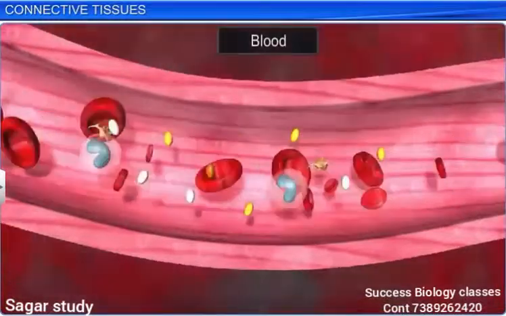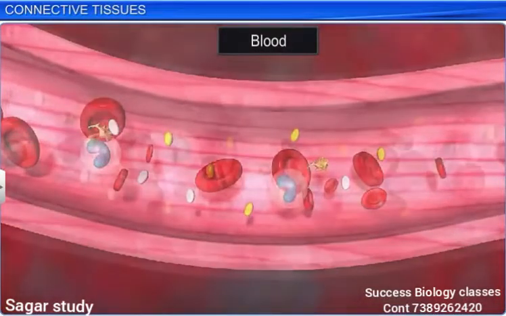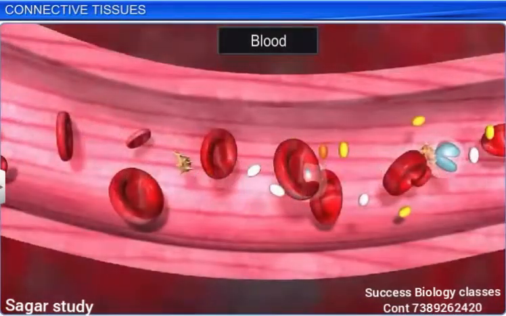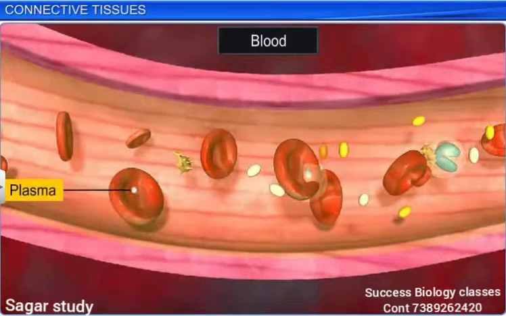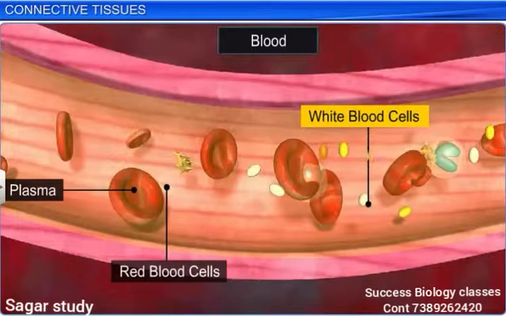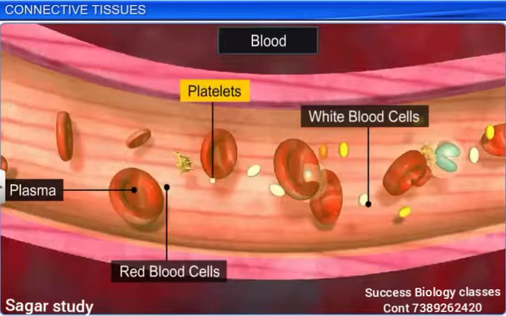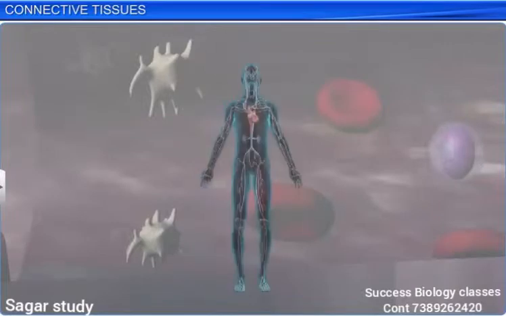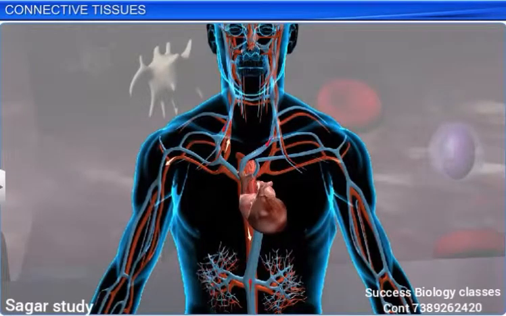The last type of specialized connective tissue is blood, which is a fluid tissue that contains plasma, red blood cells or RBC, white blood cells or WBC, and platelets. Blood serves as the main circulating fluid that transports various substances such as gases, nutrients, and hormones to different parts of the body.